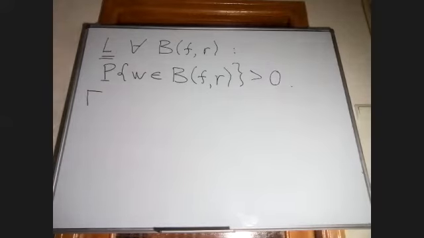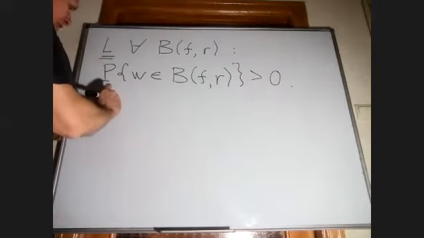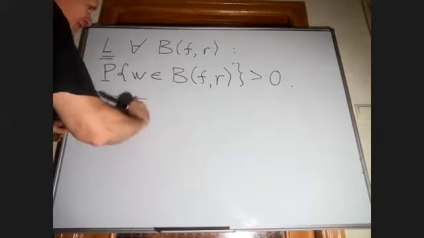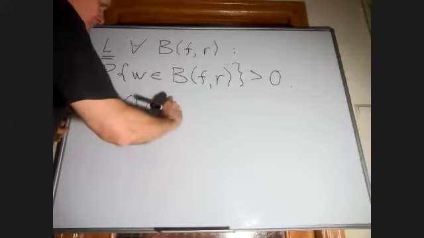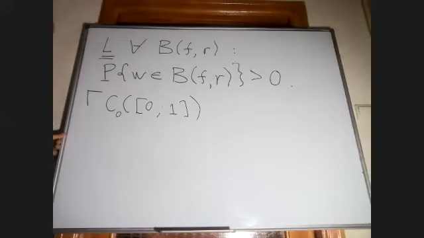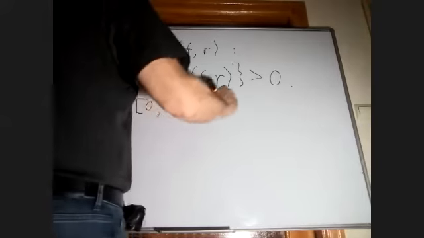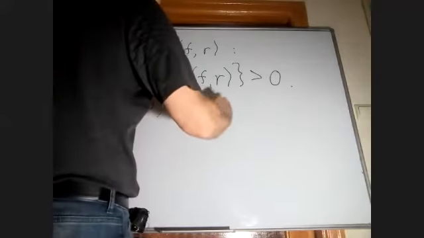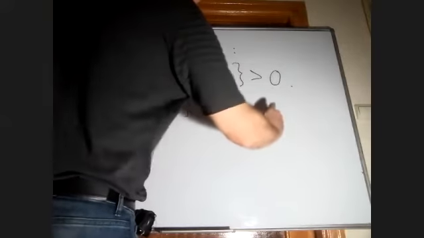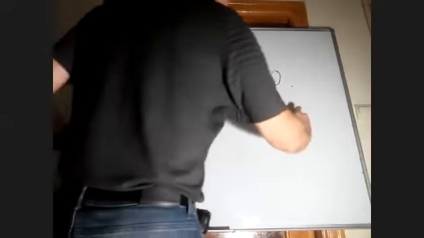I just recall to you the following fact. We remember that C_0[0, 1] with the uniform distance is a separable space.